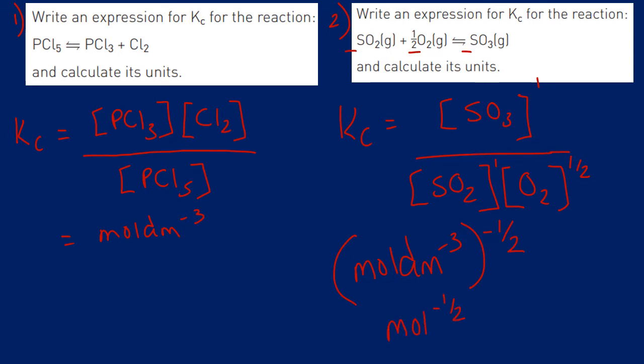And then minus 3 times minus a half is plus 1.5. So it's dm to the 3 over 2, which is 1.5. So the units are awkward, and to be fair, that one there that we've just done, number 2, is as hard as anything you'd be expected to do or come across. So practice makes perfect here.